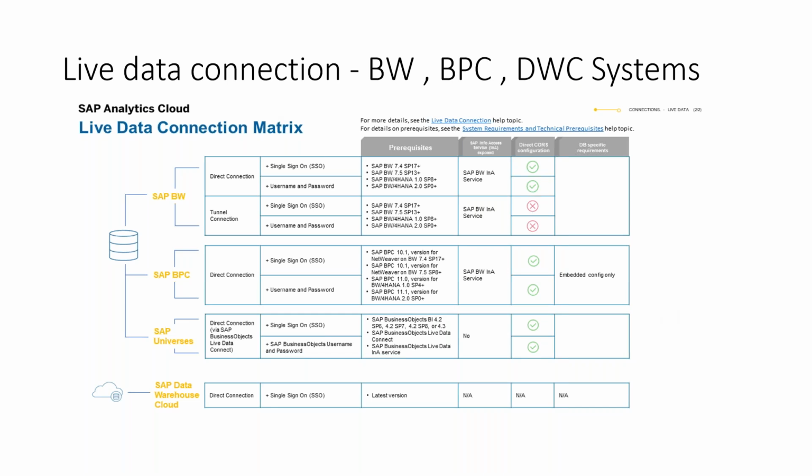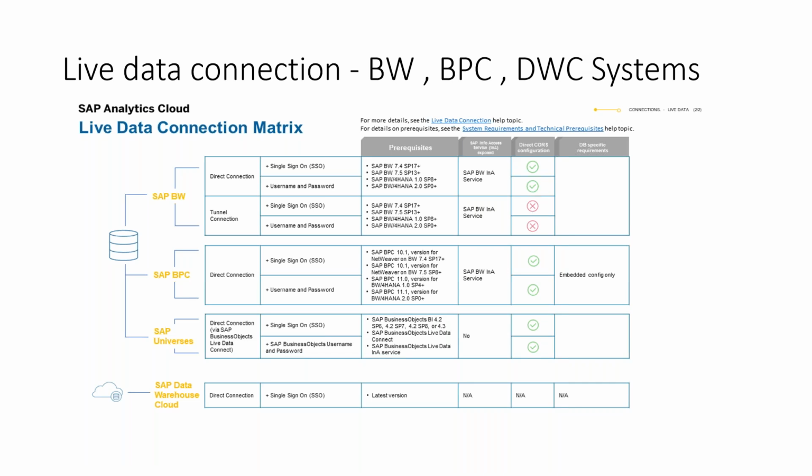One point to be noted, guys: if your source is on premise, like BW, BPC, Universe, HANA on premise, or S4 HANA on premise, then you need a cost to be configured.